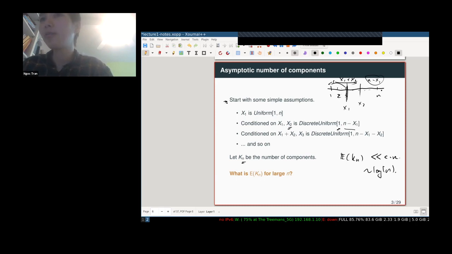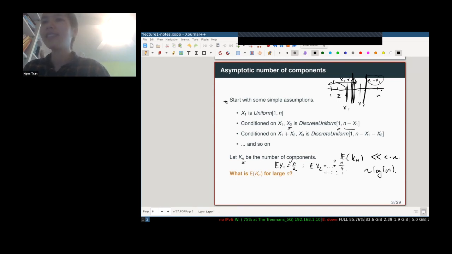So each day, roughly, because I'm uniform within 1 to n, the expected value of x1 is n over 2, right? And if I believe that each day I eat half of the bar, then the expected value of x1 is n over 2 for sure. The expected value of x2 is maybe a little bit complicated, but it probably sounds like n over 4, because the intuitive idea is that the first day I ate about half of the bar, and the second day I ate about half of the remainder, and so on.